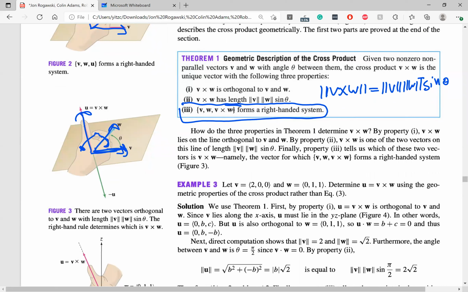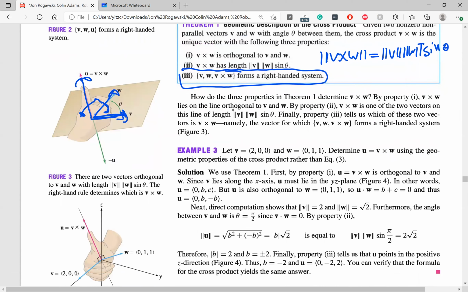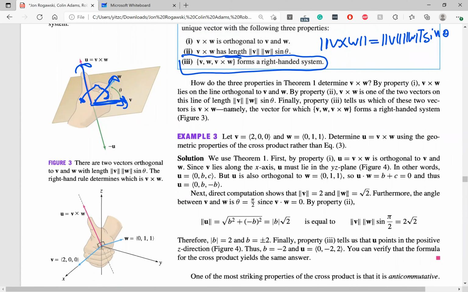So you don't have to remember that name, but you should remember that when you take the cross product of V and W, you get a vector that is perpendicular to both V and to W. And if you want to know in which direction it's going, you use the right-hand rule. Okay, any questions?